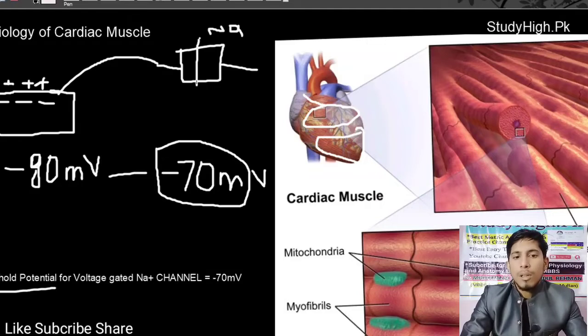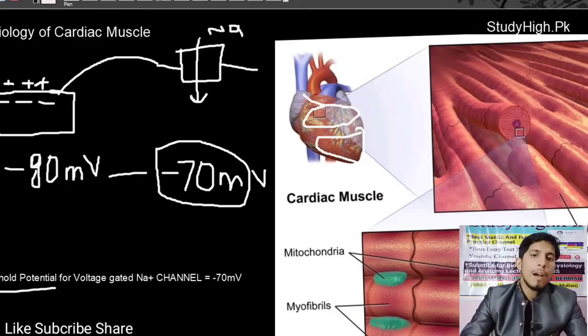When this sodium starts moving inside, a complete depolarization of this cell will occur, and this potential will reach approximately plus 20 in heart muscles.